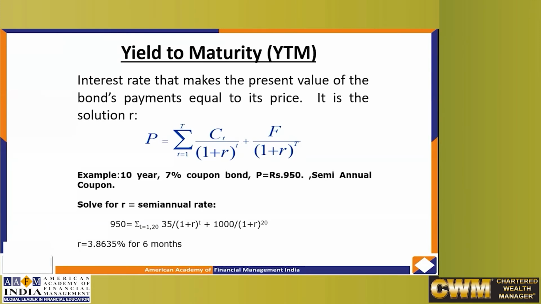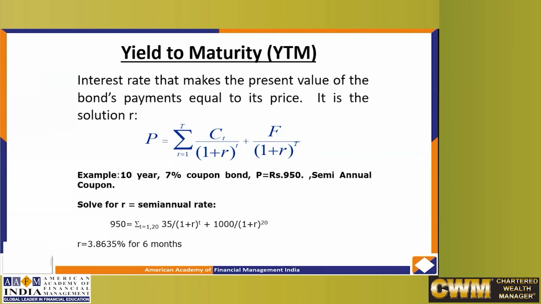It is actually 7.726% per annum compounded semi-annually. Yes or no? Because you have put C/Y as 2.